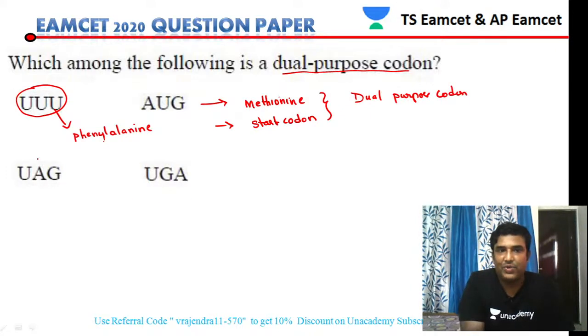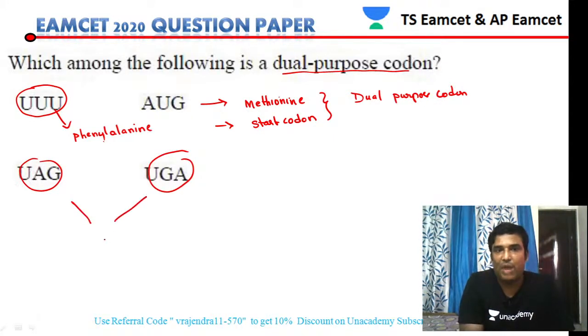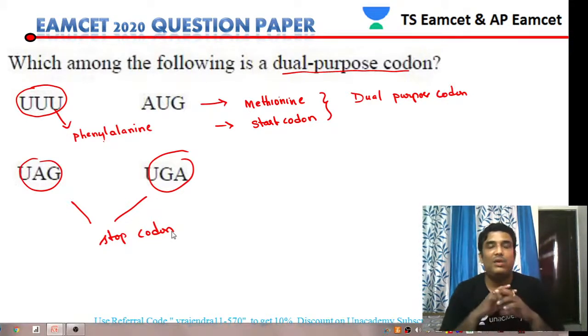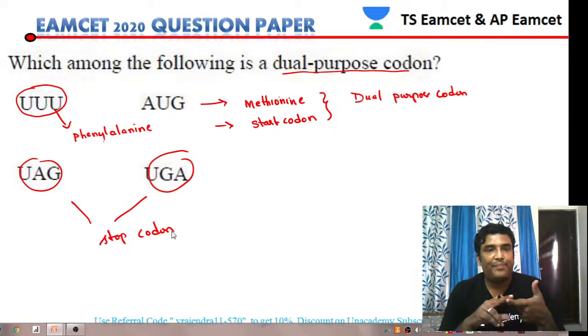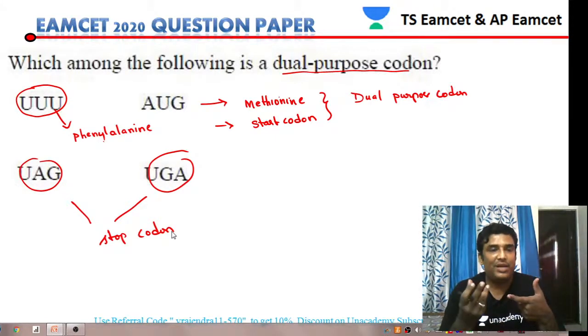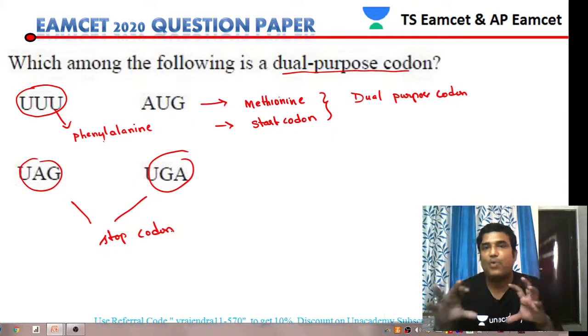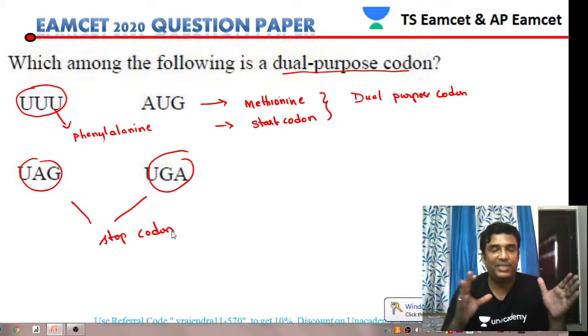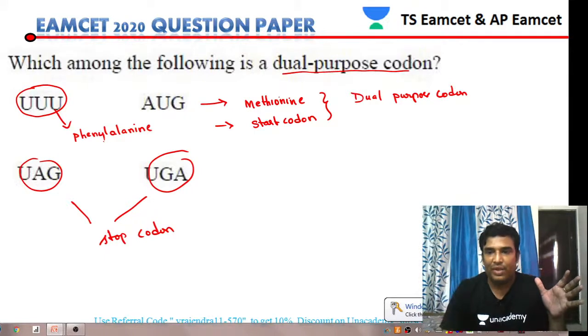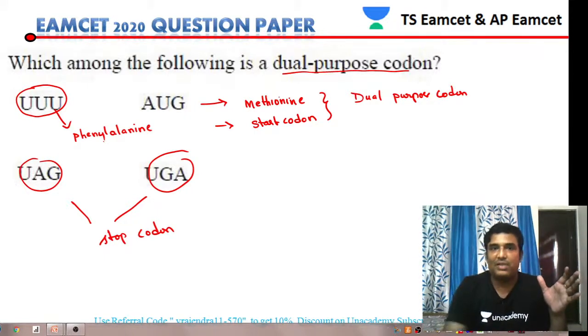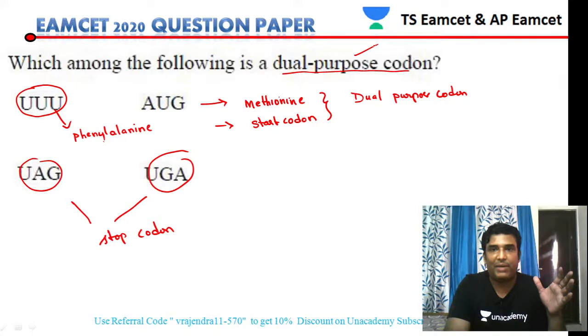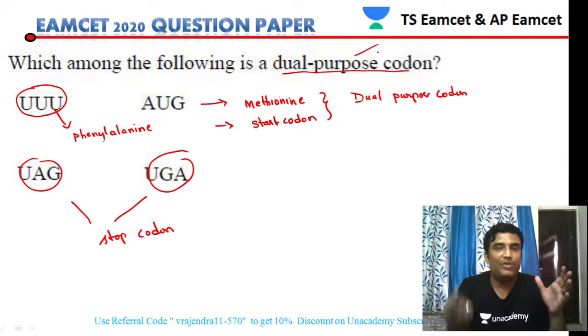If you see UAA, UAG, and UGA, these are stop codons which stop the translation process. They don't code for any amino acids. So UAA, UAG, UGA, these three are called stop codons. They stop the translation process. Our question is asking which of the following has two functions.